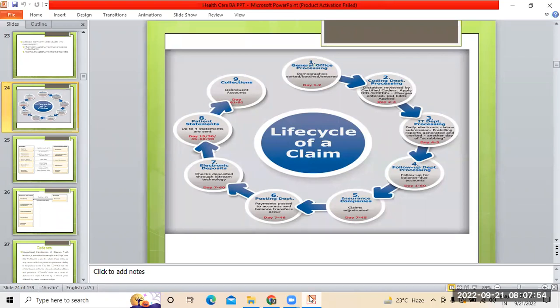60 to 90 days will be taken for the whole life cycle claim process. So as you know, when an individual approaches a healthcare provider for treatment, there must be valid insurance. Once the treatment is done, they prepare a case sheet.